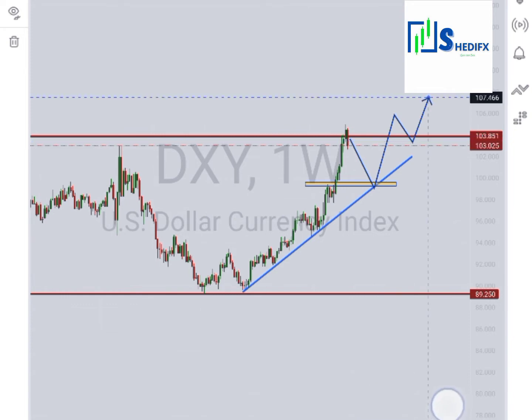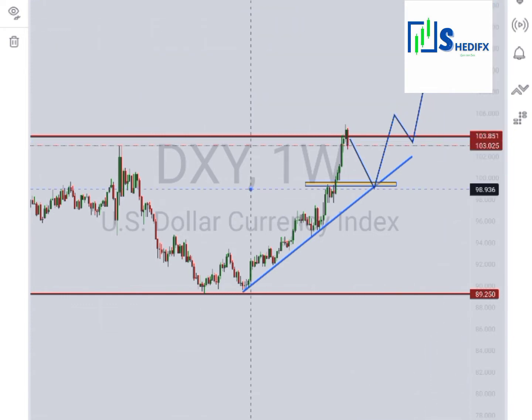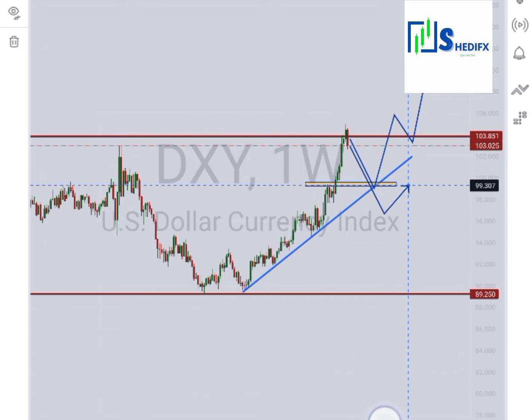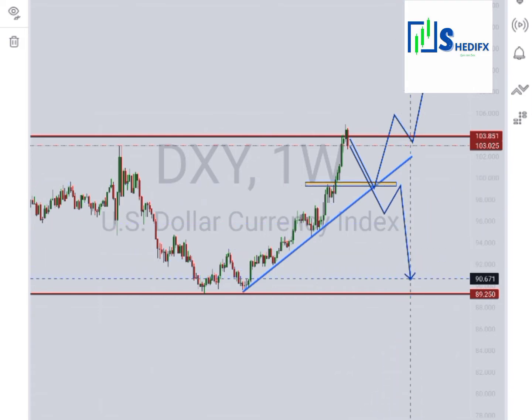So we might see something of this nature in the market, or we might see the dollar index break through. So this should be my anticipation for the dollar index.